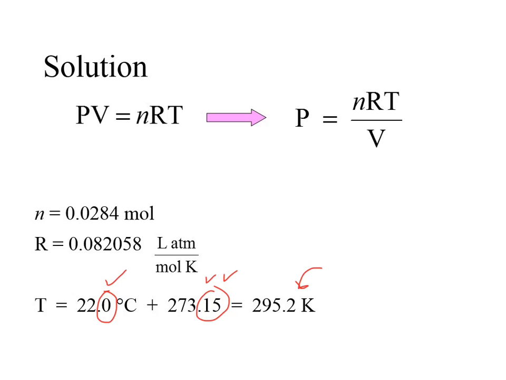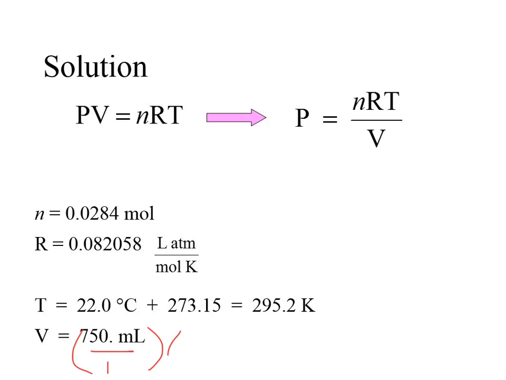And then our volume, we need to fix too. What we're going to do there is one of the things that you guys have been doing. We're going to put 1 liter over 1,000 milliliters. So that's our volume term.